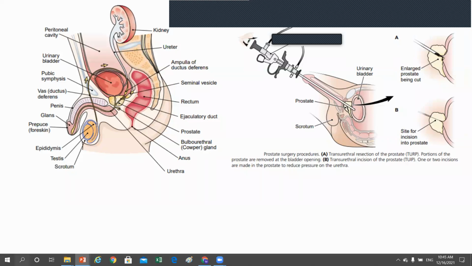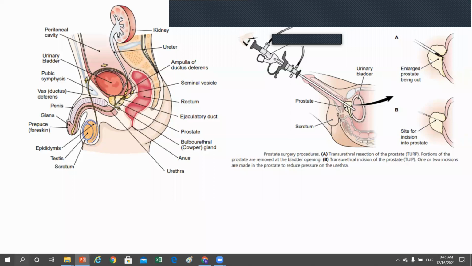If you look over here, the urethra is crossing through this prostate. So urine is passing through this part, going out to the penile urethra. When this gland becomes enlarged, it will press the urethra. It can close the urethra. So this will lead to problems in the urine.